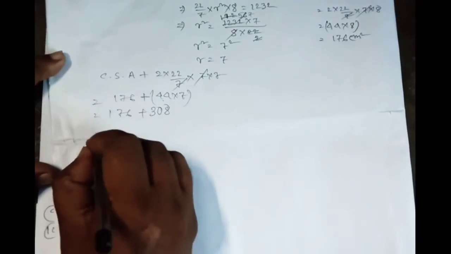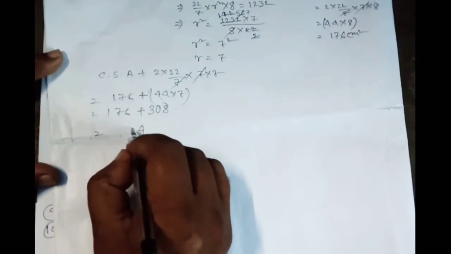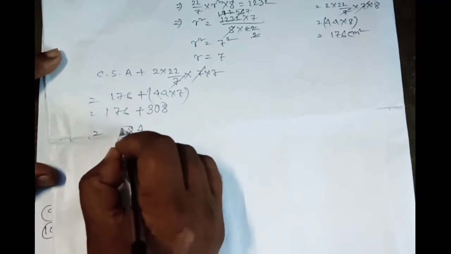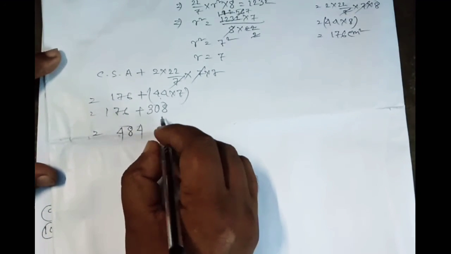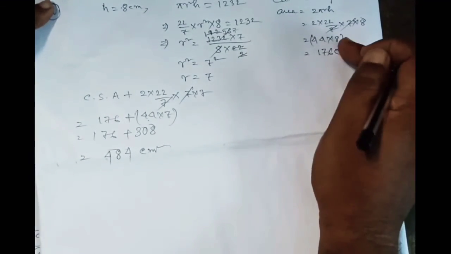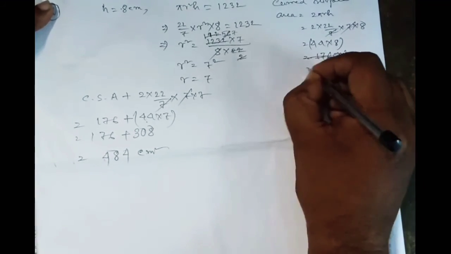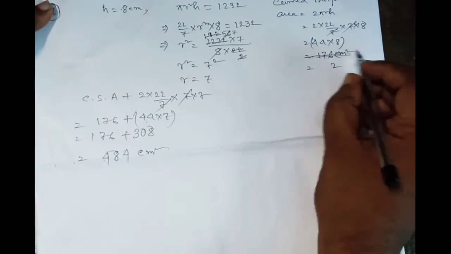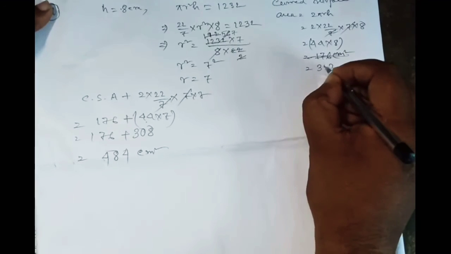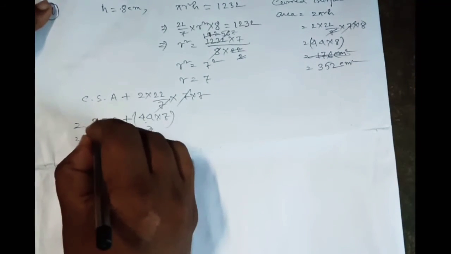Okay, so if we add this, we are getting 484 centimeter square. Extremely sorry for the mistake. This is 352 centimeter square. So this is 352.